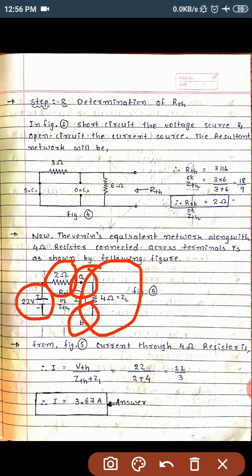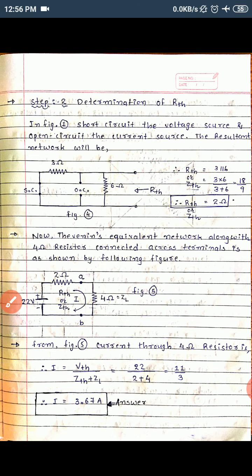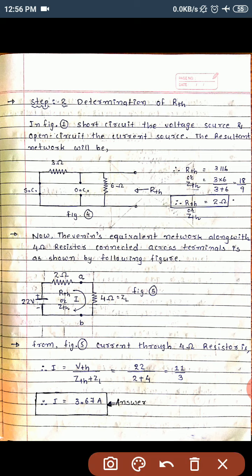So the Thevenin circuit is now built up, and our target is to find the current through the 4 ohm resistor. That is I equals VTH upon ZTH plus ZL. We have VTH, that is 22 volt, ZTH, that is 2 ohm, and ZL given in our main diagram, that is ZL equals 4 ohm, which will be added over here.